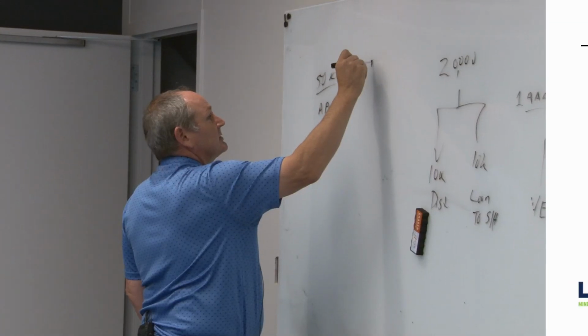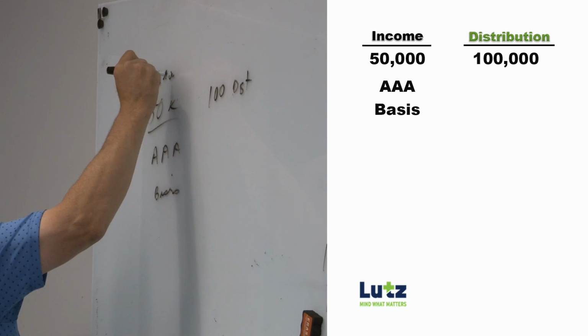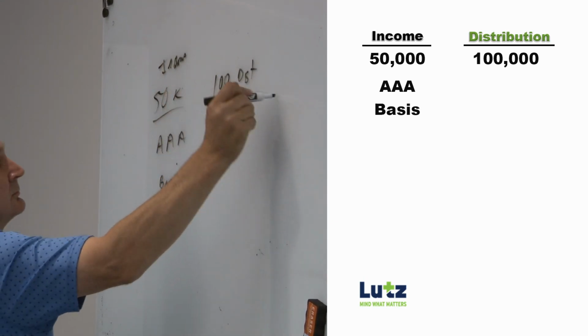All right? What's the procedure with respect to the 100? Now I got the 100K distribution. This was income. What do I do with that $100,000 distribution? What's the procedure? Run it through the trenches, make your AAA your guidepost.